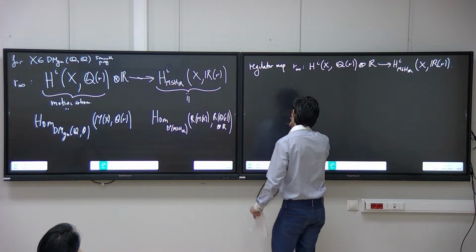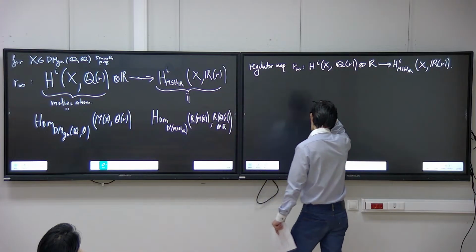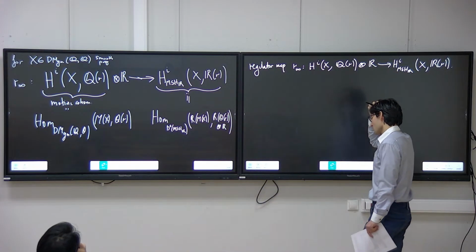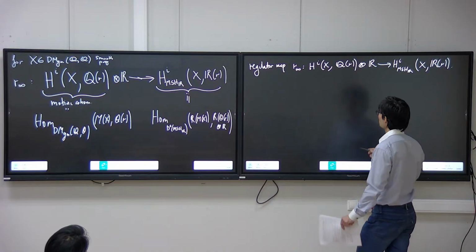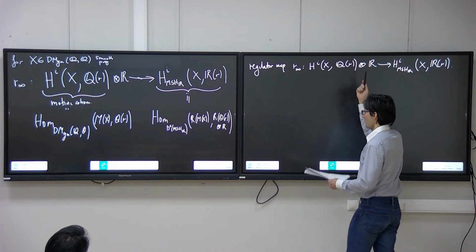And now we can state Beilinson's conjecture. Somehow what happens at the poles and the zeros is controlled by this regulator map.